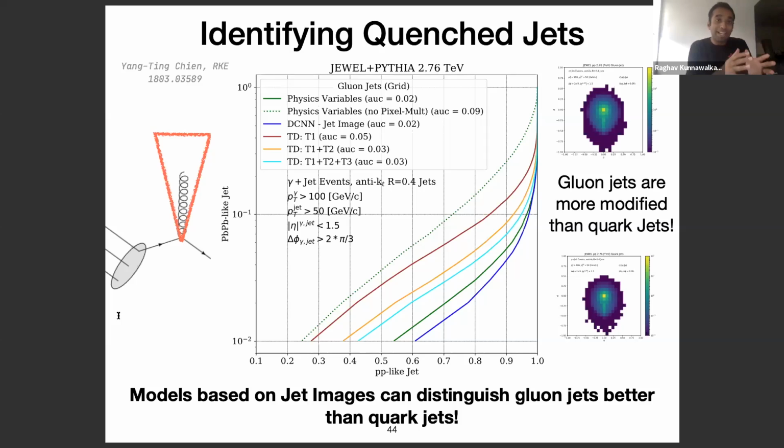By looking at just the particle spread in your jet, this convolutional neural network is essentially telling you that it can distinguish quenched gluon jets better than it can distinguish quenched quark jets. This comes from the assumption of medium response inside JEWEL, so of course it is a model-dependent statement. Doing this across different models and across types of jets identified by the kind of topic modeling that Jasmine and others are working on will be the next step. Okay, thanks.